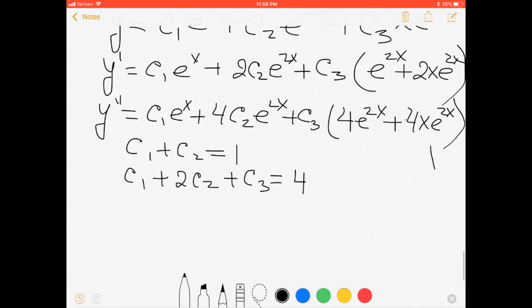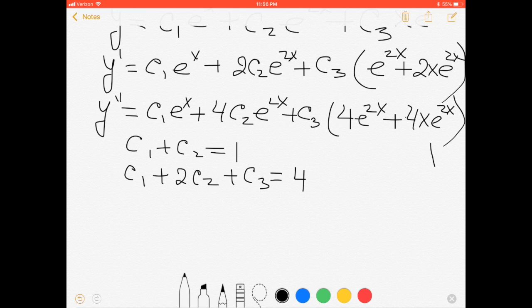And if you plug into the second derivative, we have c1 plus 4c2 plus 4c3, and this equals 0.